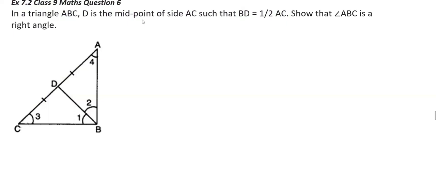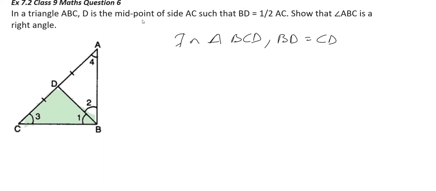So let's take one triangle at a time. We can take any of these triangles. I started with this one. So I'm considering triangle BCD. We have BD equal to CD, given.